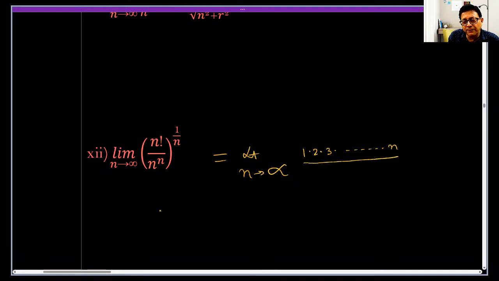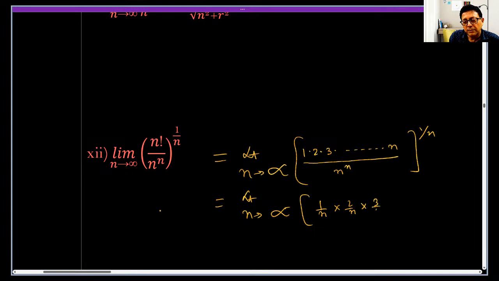I am writing the meaning of factorial n. Okay? Then you give all terms a factor of n. Isn't it?